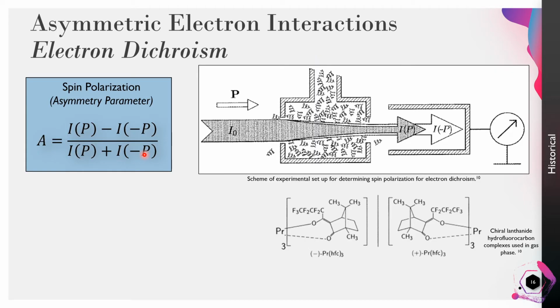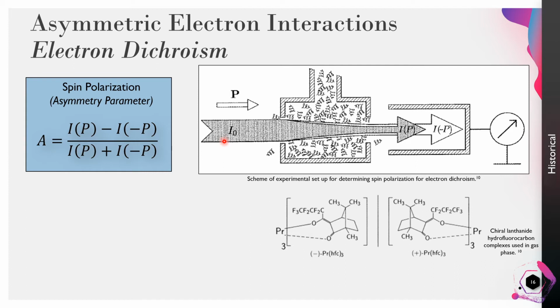However, when looking at absorptivity, it was determined that there is some sort of electron dichroic effect, in that by passing an unpolarized beam of electrons through, again, a fully chiral gas, we observed that there was some asymmetry in that the electrons which are spin parallel to the direction of the beam, which are I+P, is different than the electrons that are spin anti-parallel to the direction of the beam, which would be I-P.